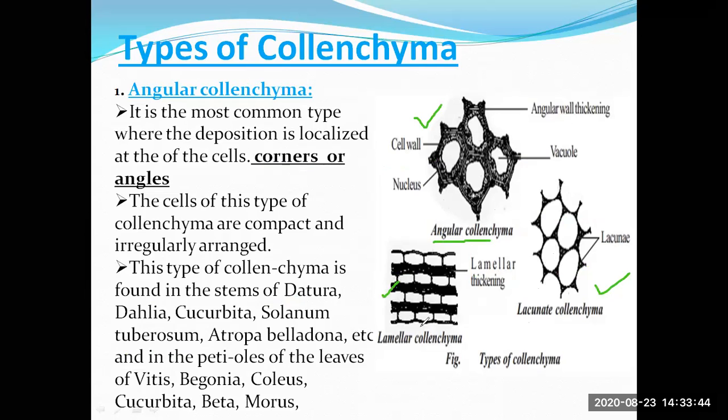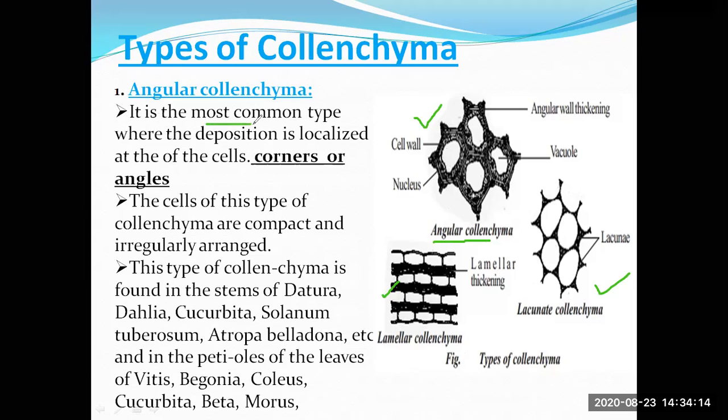When we observe the diagrams, they show cell wall thickenings. Here, the entire black dark area is cell wall thickening. Here also thickenings. We will see them one by one. First, we will take angular collenchyma.